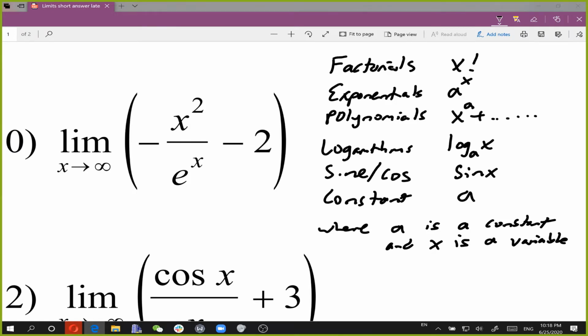Okay, so we had an acronym in pre-calc: feed elephants peanuts, love someone cool, showing which growth rate is faster. So right now, my fastest growth rate for this fraction is actually e to the x. So if this fraction is growing fastest on bottom, then what will it approach if we plug in infinity? If the bottom of my fraction grows faster than the top, then what will happen to this term?